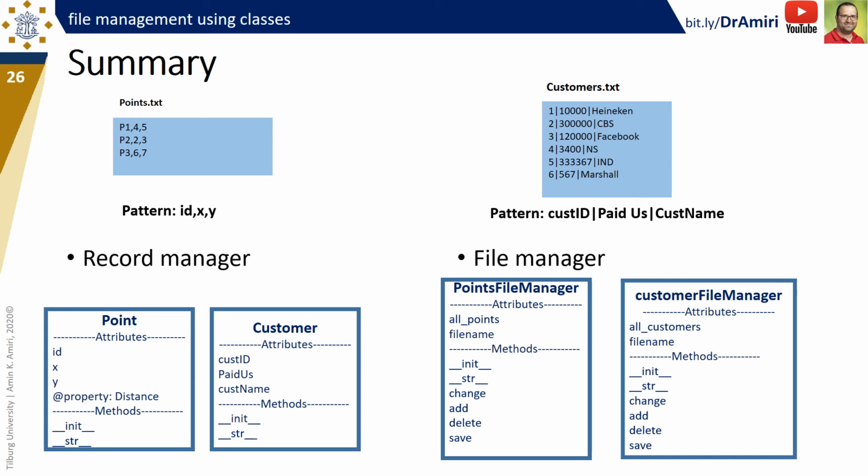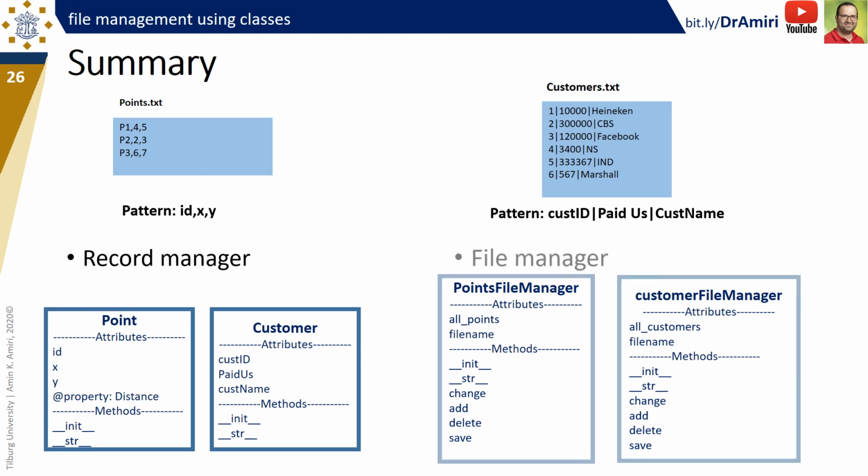Of course, we also need to add a dunder str method to this record manager class since we require a string to be returned that follows the pattern of a record in the file. So for example, for point, that string is comma separated, and for customer, that string separates the record items by vertical lines. After that, you need to add a file manager class.